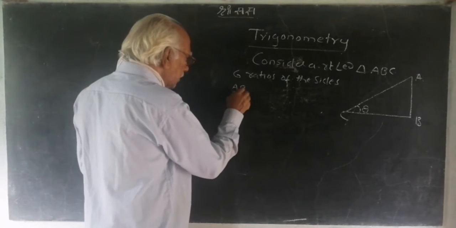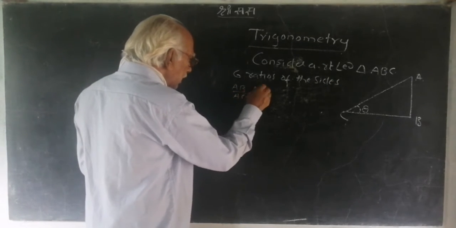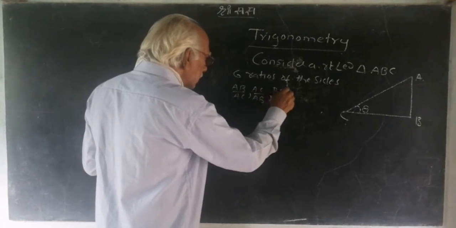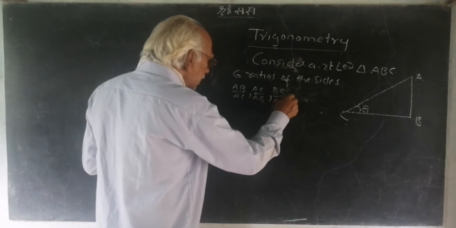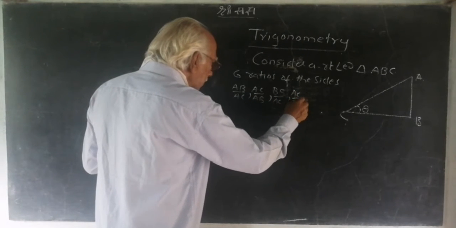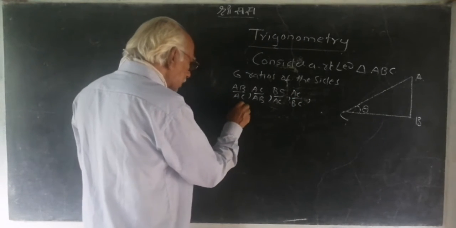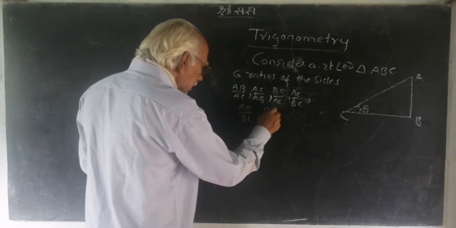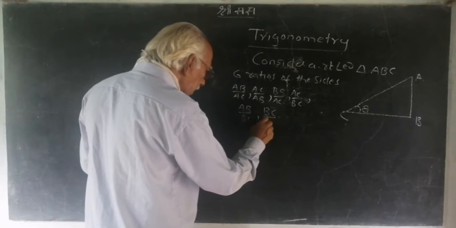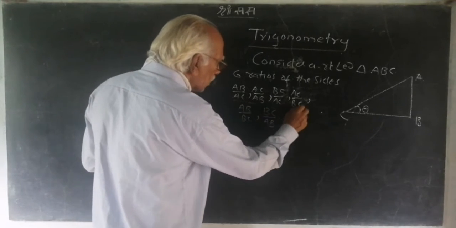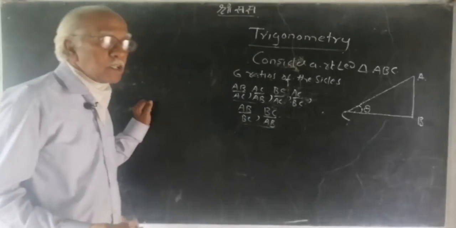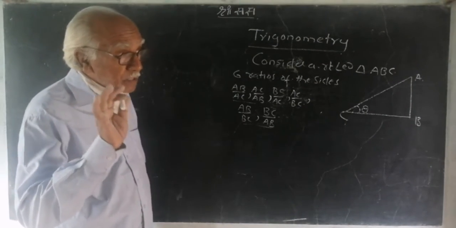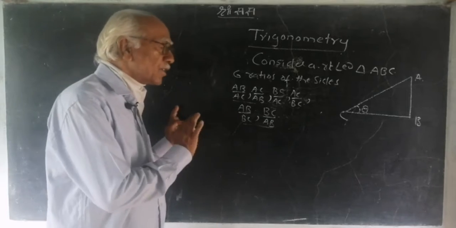AB upon AC and AC upon AB, BC upon AC and AC upon BC, and AB upon BC and BC upon AB. So totally we get only 6 ratios, not more and not less.